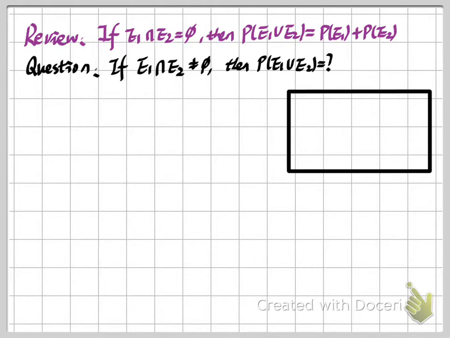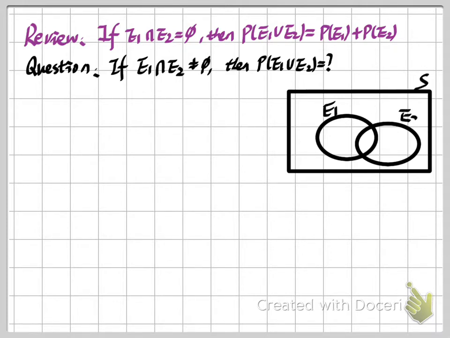These two circles show the two events, E1 and E2. So this is S, and this is our E1 and E2. Then if we look at the intersection, how can we compute this?